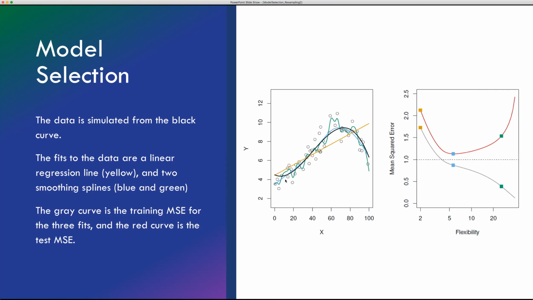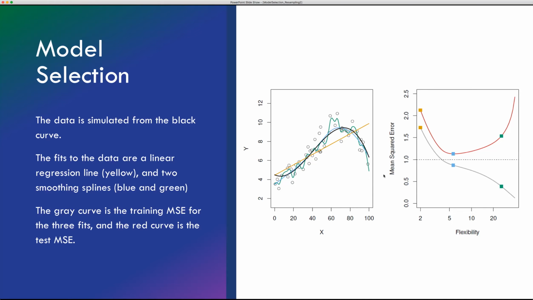And we also use two different smoothing spline methods, which are this light blue curve and this green, very wiggly curve. The plot on the right compares these three methods that we fit to the data: this straight line, this light blue curve, and this wiggly green line.